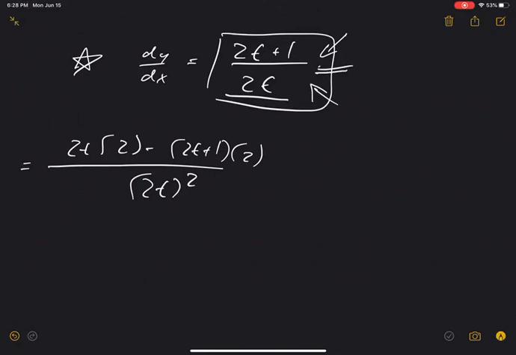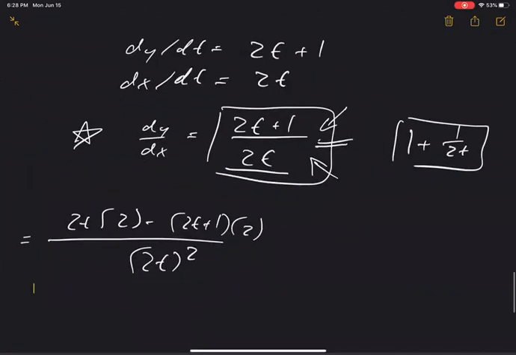This thing is equal to 1 plus 1 over 2t. And then I just take the derivative of this with respect to t.